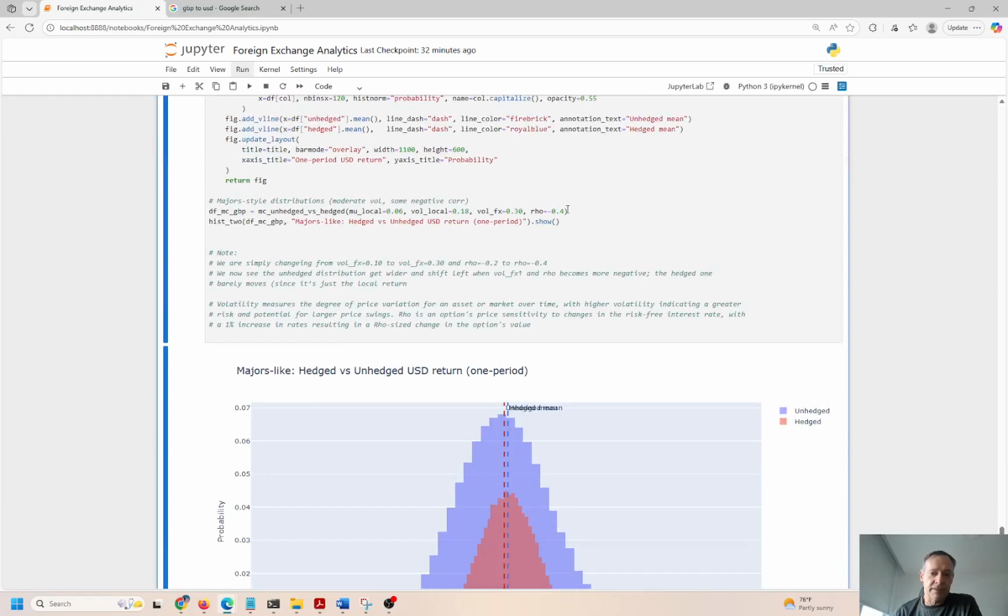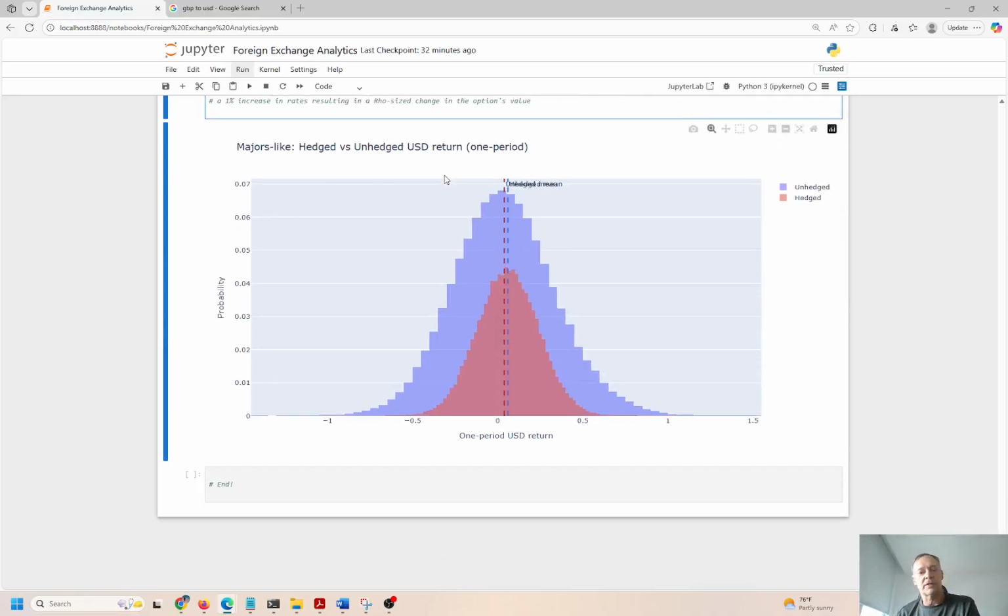I didn't change anything except for these two parameters right here. And now you can see the unhedged position is way beyond where the hedged position was. Okay, so just by changing these two features, you can see that this construct is very volatile, and a small change in the volatility or the rho of your portfolio can actually have a big impact on the final outcome, right?